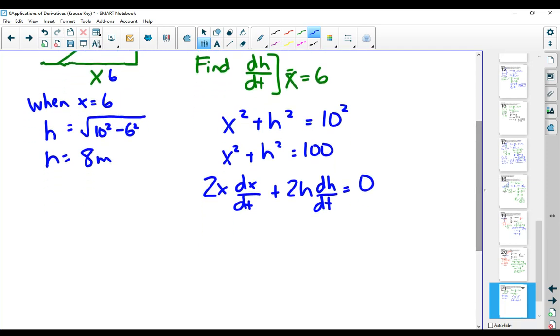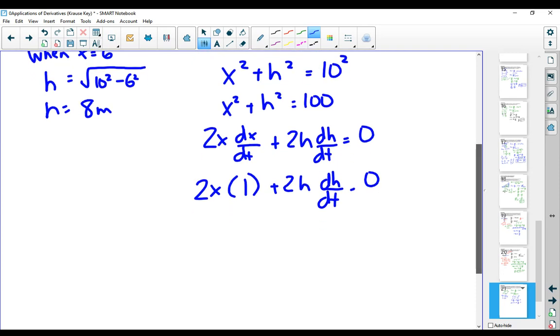We sub in what we know: 2 times x times the 1 plus 2 times h dh/dt. Now, absolutely, you could sub in the rest of the values here. I'm just showing you a different way to go about doing it. So we have 2x plus 2h dh/dt equals 0.